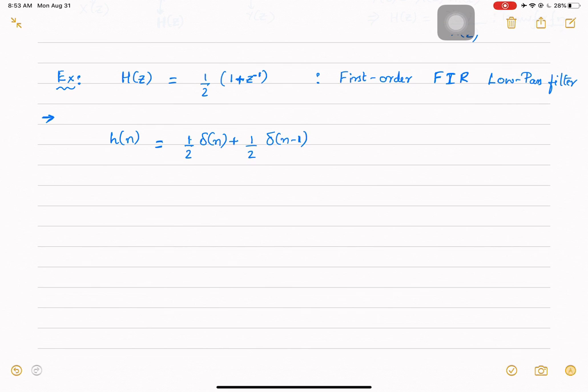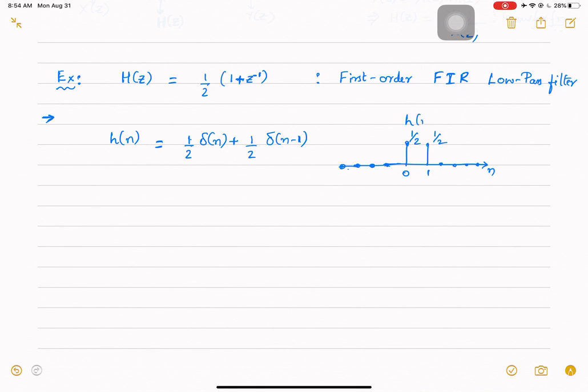So you see that if you plot this impulse response as a function of n, this is what you get.